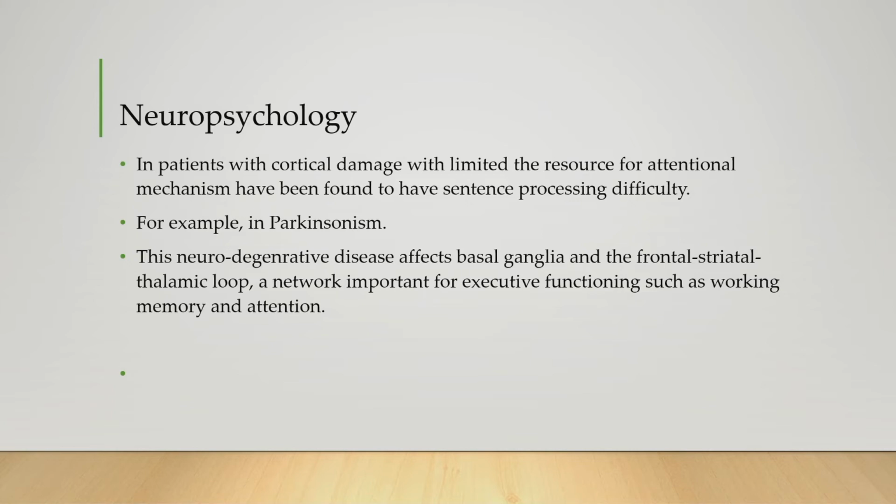In patients with cortical damage, we talked about brain neurodegeneration and how various kinds of language disorders generate out of that problem, for example, Alzheimer's and Parkinson's and so on. These are the populations that we are talking about.